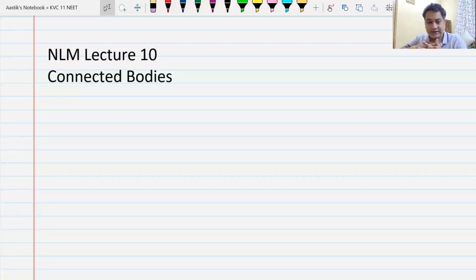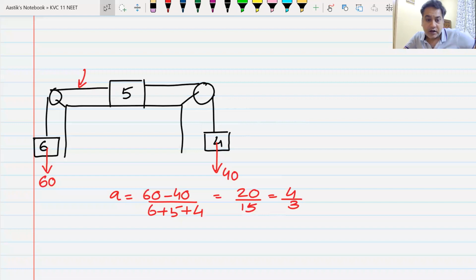Good afternoon, everyone. This is lecture number 10, and we are dealing with connected bodies in Newton's laws of motion. We have seen various examples of questions that can come, and we had also seen how we can solve those questions. Yes or no? Do we remember this? Everyone?